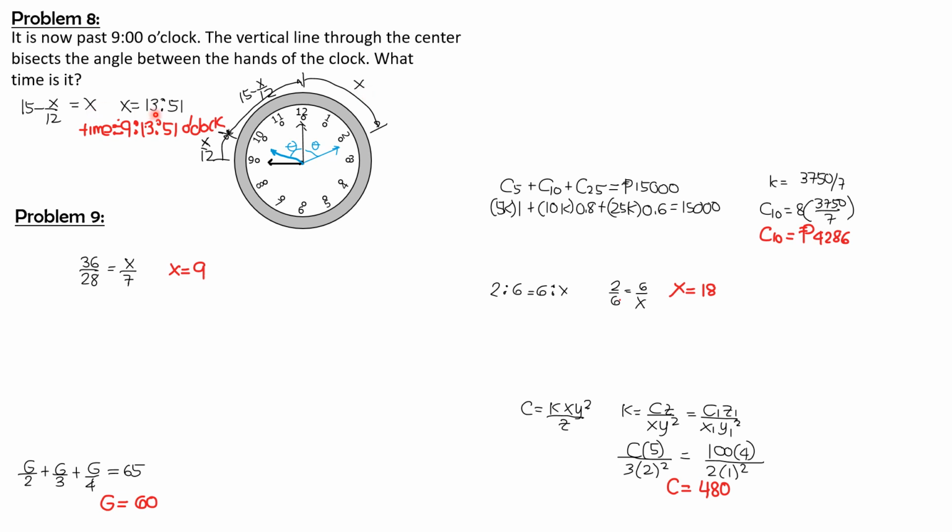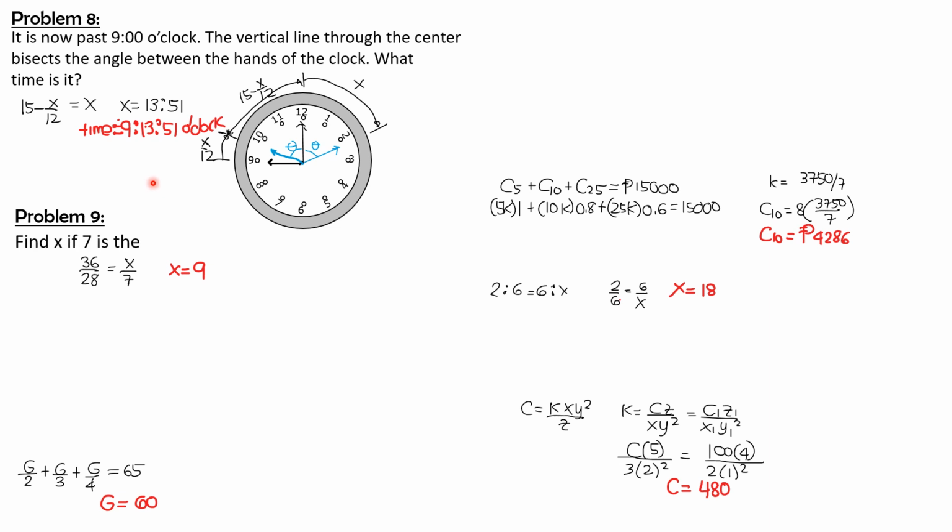Solving for x, x is 13 minutes and rounded off to 51 seconds. So 13 point something minus 13, then that remaining decimal multiplied by 60, then that is 51 seconds. So that's why the time is 9:13:51.